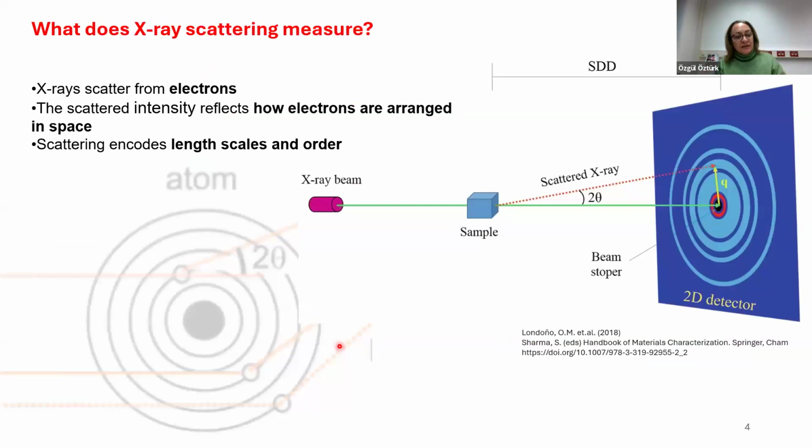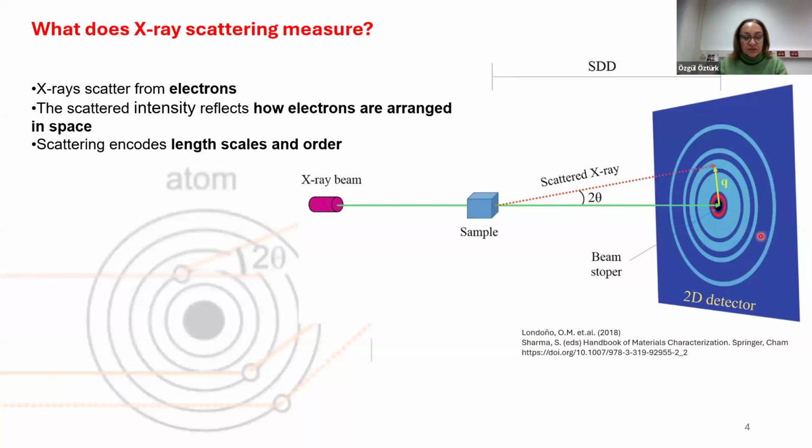And then I came to X-ray scattering. What does X-ray scattering measure? At its core, X-ray scattering is actually very simple. X-rays interact with the electrons in the sample, and what we measure is how the electrons are arranged in space. But we don't see this directly in real space, but in reciprocal space. And we don't see the individual atoms directly.